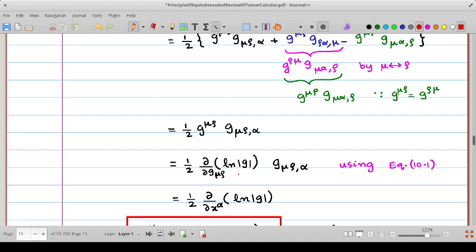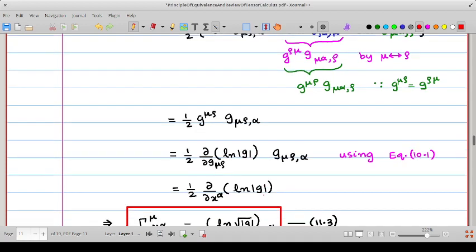But this is like taking the derivative of g with respect to g_{μρ} and then taking the derivative of g_{μρ} with respect to x^α, which is nothing but the derivative with respect to x^α of the logarithm of the absolute value of g.